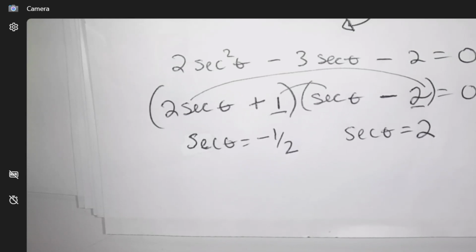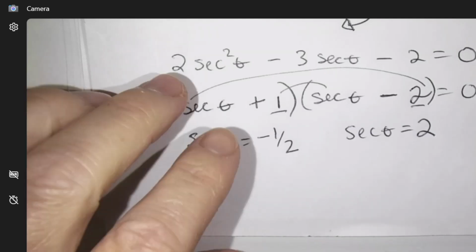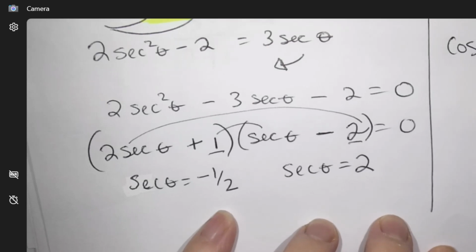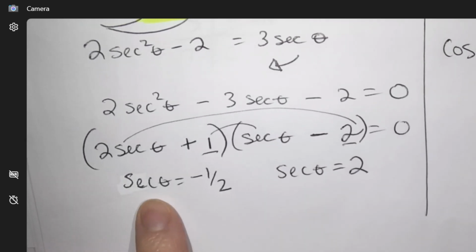Okay, so these are the trig values that we came out with from our algebra. We're good there with the factoring. Okay, so we don't work in secants. So we have to change our language to which flip? Cos. So cos equals -2 when I flip that.